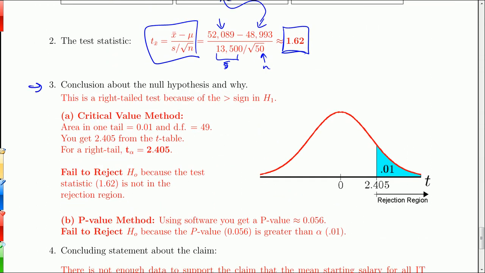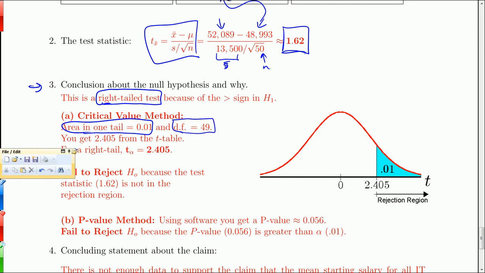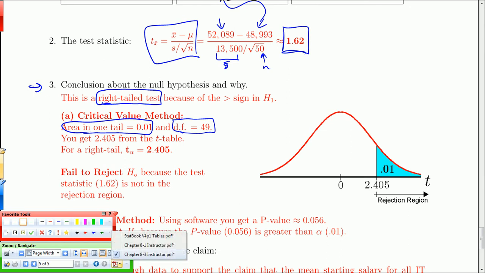Conclusion about the null hypothesis. I'm going to look for my critical values. This is a right tail test. That's good. That means I get to use the value in the table without taking the opposite or the plus and minus. It is at the 0.01 significance level, one tail 0.01, and the degrees of freedom is 49. Right.